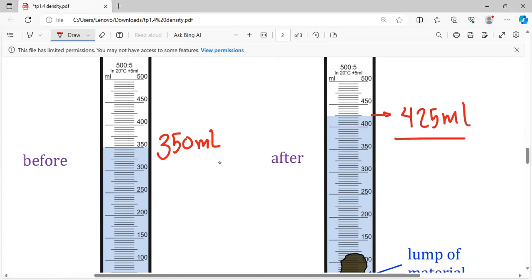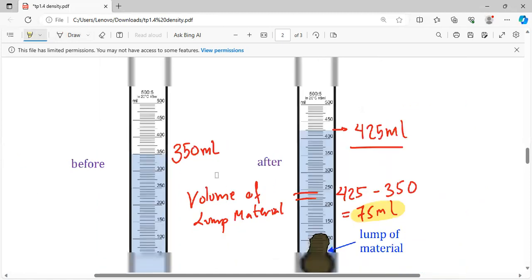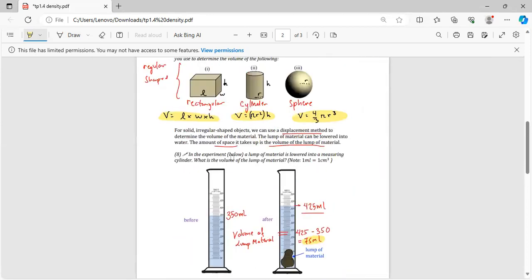So it means that the volume of lump material is equal to 425 minus 350. So it's equal to 75 milliliters, I guess. That's how you calculate the volume of irregular shapes using this displacement method. So for anything to ask, please take your time to take notes.